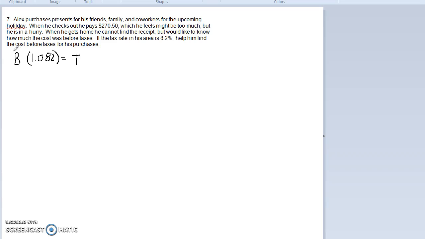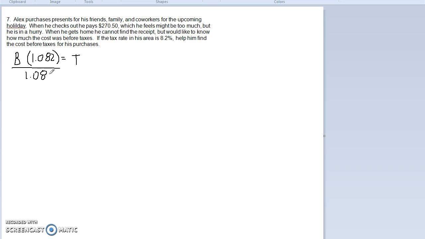So if you knew what the amount was before, you took it times 1 plus the percentage, you would get the total with tax. But this isn't what we have. We have the taxed total portion of it, and we need to know before. So we have to divide by 1.082.